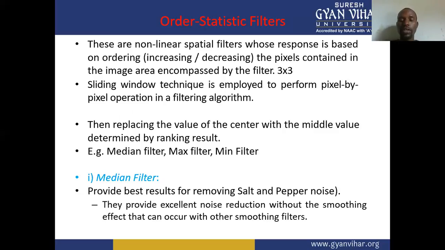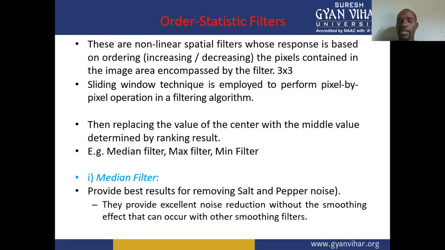Having mentioned the types of neighborhood filters, where we have n by n filters, sometimes known as order statistics, let us understand clearly. Order statistics filters are filters that are non-linear in nature, meaning they are used for non-linear pixels.